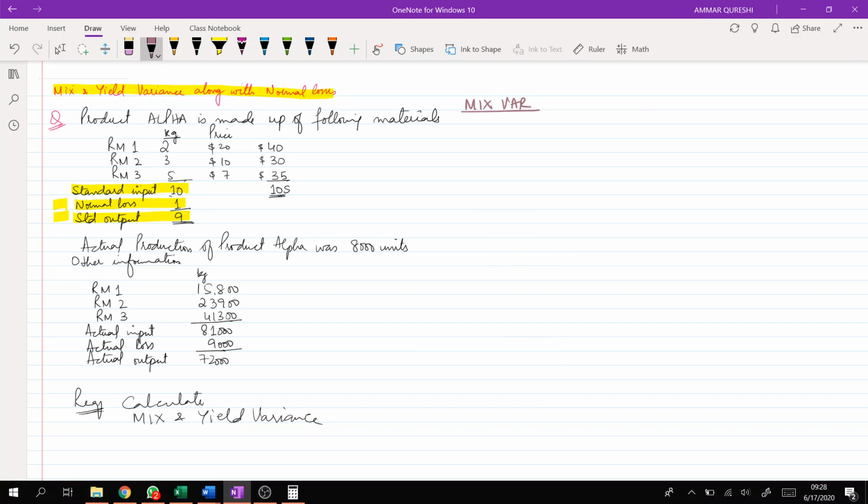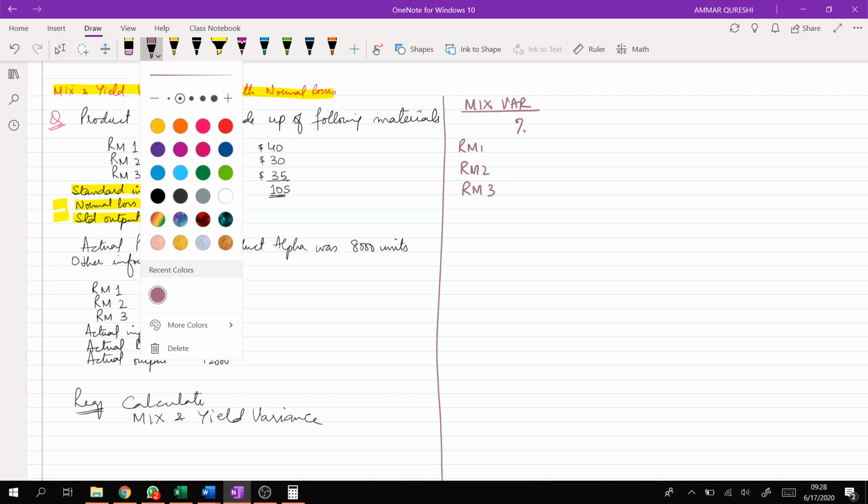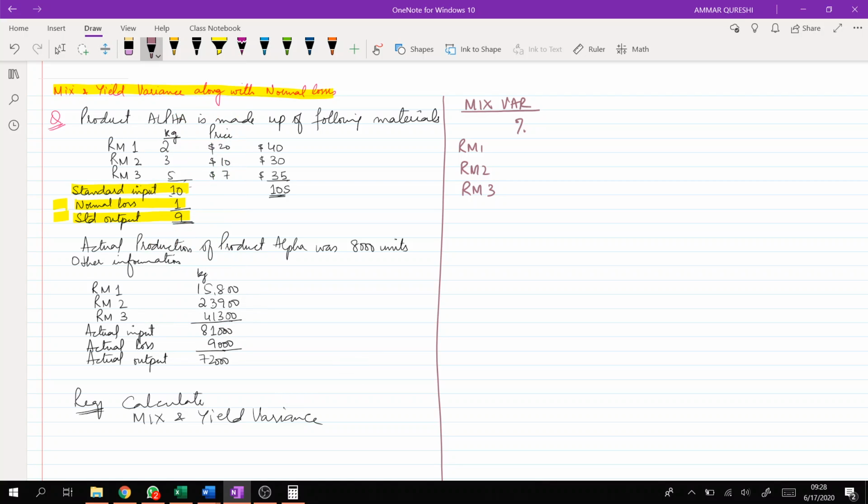So there are three raw materials: raw material 1, raw material 2, and raw material 3, right? So let's start calculating the standard percentage of input. Raw material 1 is 2 kilograms out of how many kilograms? 10 kilograms.